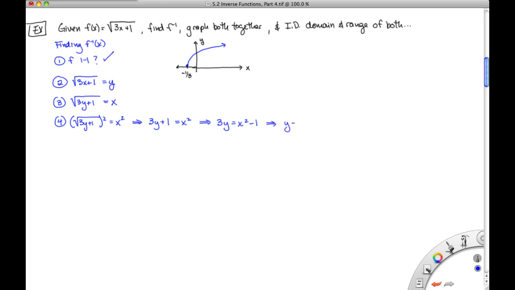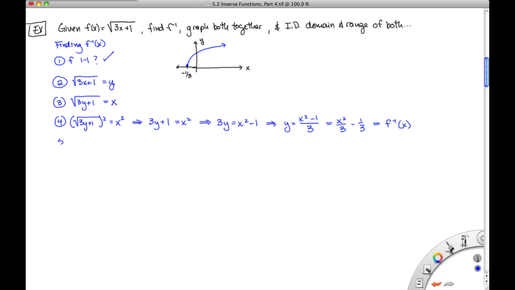So we get y is equal to x squared minus 1 divided by 3. Depending on how we want to look at this, it might be advantageous to think about it as x squared over 3 minus 1/3. We might be able to think about the transformations later on. Either way is perfectly fine. And this is going to be the algebraic representation of our inverse function.